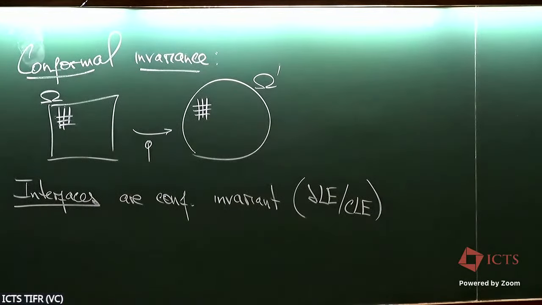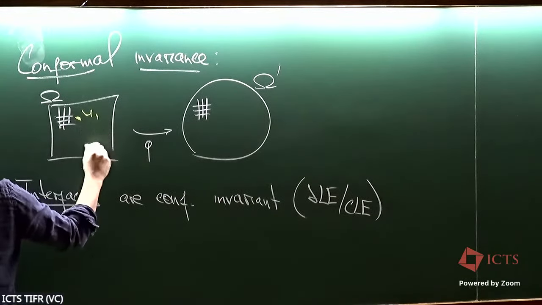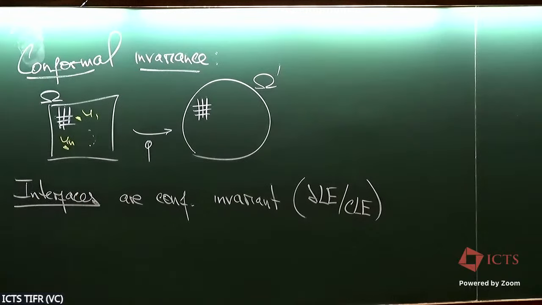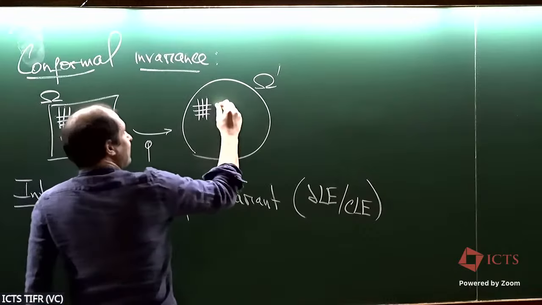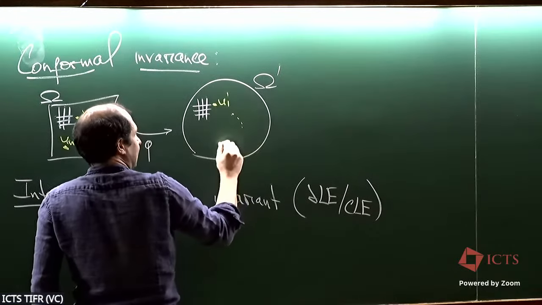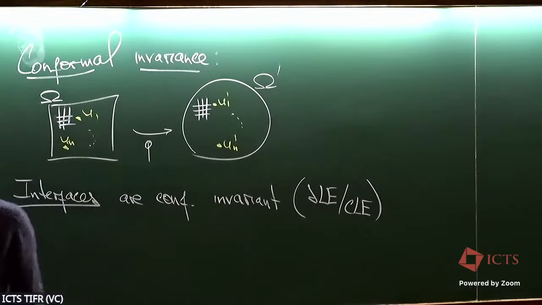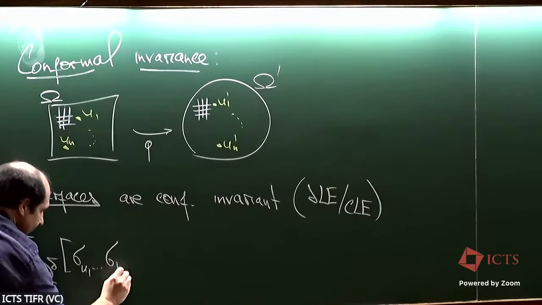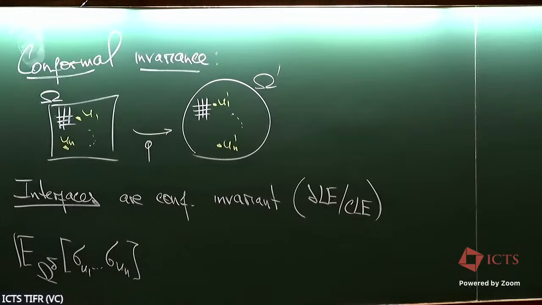Alternatively, you can say, okay, let me consider some points in my domain, in my square. Let me take their images here. And let me think about, for instance, the correlation of spins sitting at these points, the correlation of spins in my domain omega delta.